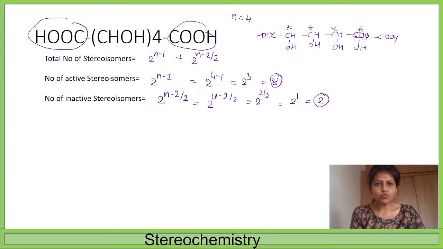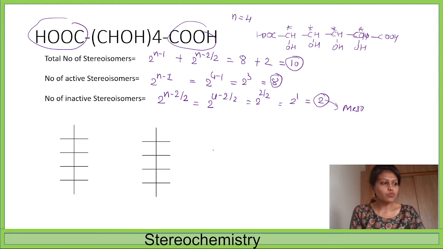So total 2 inactive stereoisomers are present, and total stereoisomers are 10, right? So we can say there will be 2 meso compounds optically inactive, and there will be 4 molecules and enantiomers of those, that is total 8 molecules which are the optically active stereoisomers.